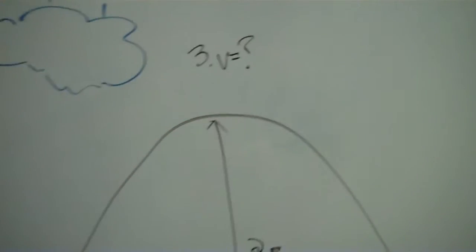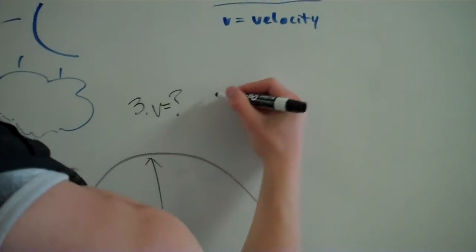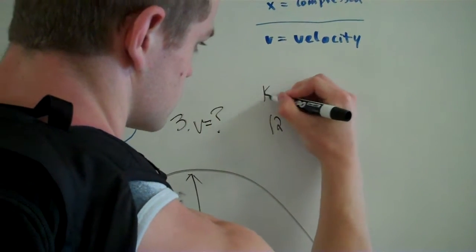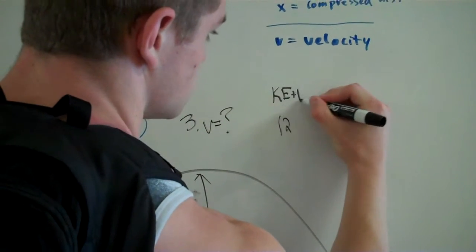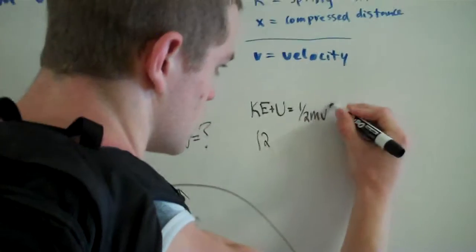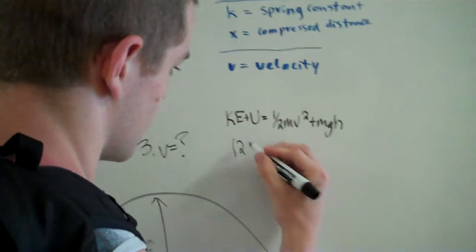Alright, now here at point 3 we have both potential and kinetic energy, since it does have a height and since it is still moving at this point. So what we're going to do is, your energy is still 127,500 joules since it is conserved. So you're going to just add these two equations together.